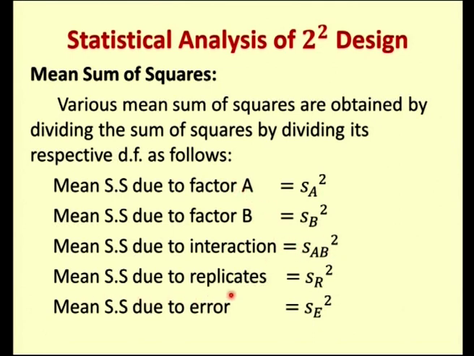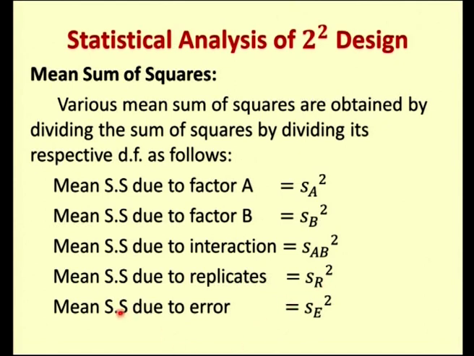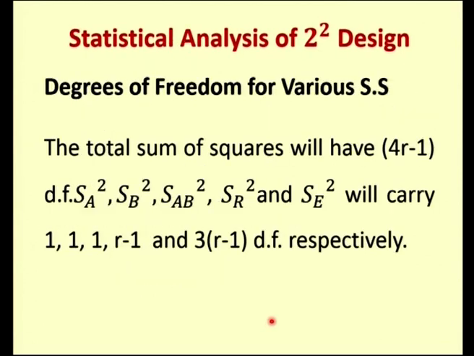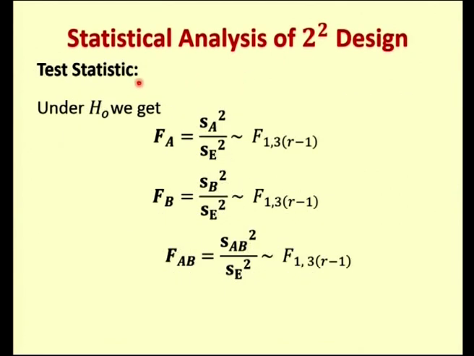The mean sum of squares due to replicates is obtained by dividing the sum of squares due to replicates by its degrees of freedom, that is r minus 1, and is denoted by s_R squared. The mean sum of squares due to error is obtained by dividing the error sum of squares by 3 into r minus 1 degrees of freedom, and is denoted by s_E squared. To test the null hypothesis against the alternative hypothesis, the test statistic is F_A equals s_A squared by s_E squared, which follows an F distribution with 1 and 3 into r minus 1 degrees of freedom.